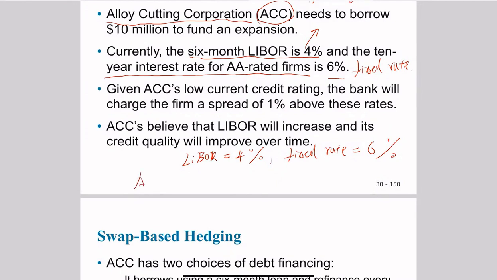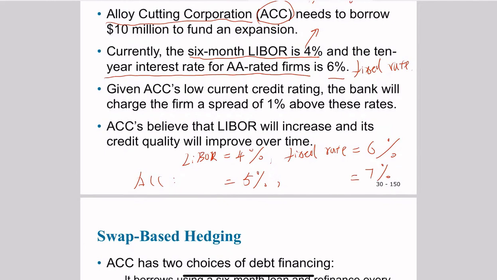So this means for ACC, its 6-month interest rate would be 4 plus 1, which is 5%. And if it decides to go with the 10-year debt, it will have to pay 6 plus 1, 7%.